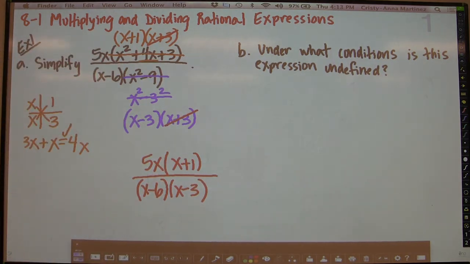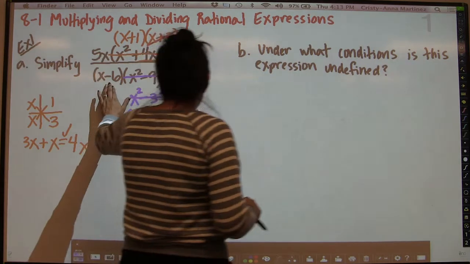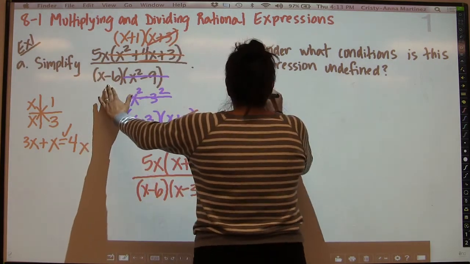However, when it comes to determining when the expression is undefined, you actually have to go back to the original equation, and any number that causes the bottom of the original equation to be division by 0 is going to count. In other words, the x minus 6 is a problem, so x cannot equal 6.